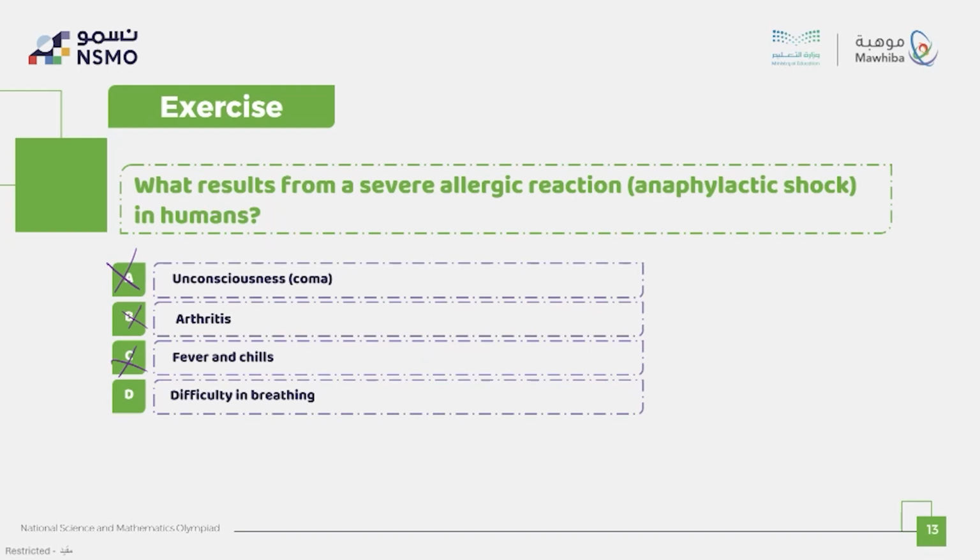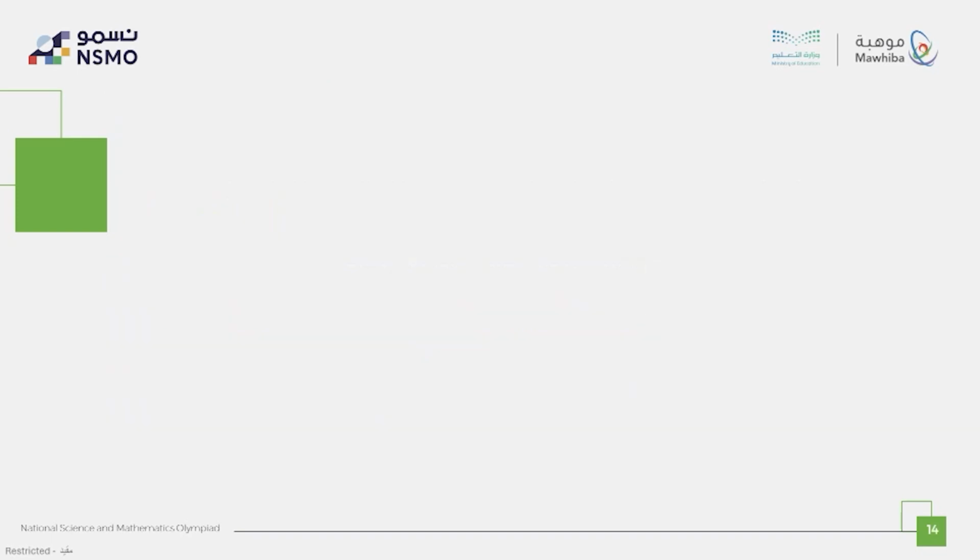So the right answer is D, difficulty in breathing. Okay? So always remember, the most dangerous result of severe allergy is breathing difficulty because it prevents oxygen from reaching the body.